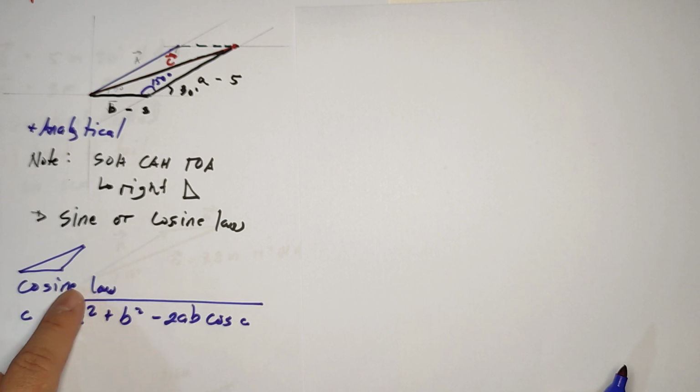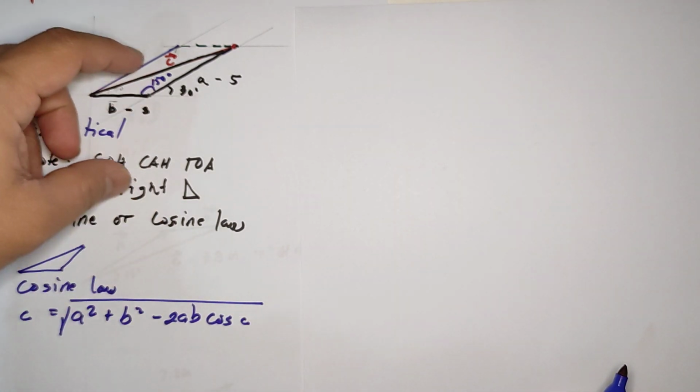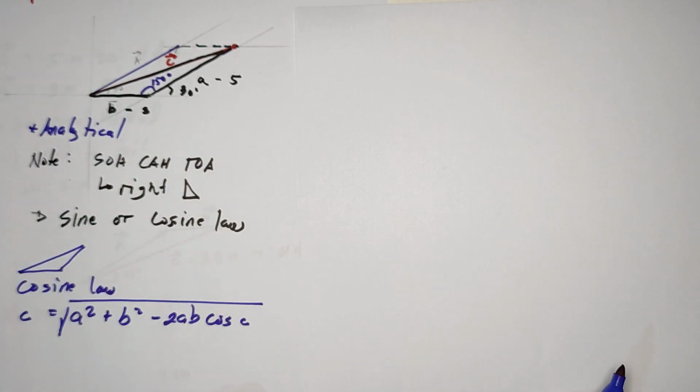To find it, we will use cosine law because you're given a, you have b, and then you have angle C, the angle opposite to c, and that is 150. So we just put it there.